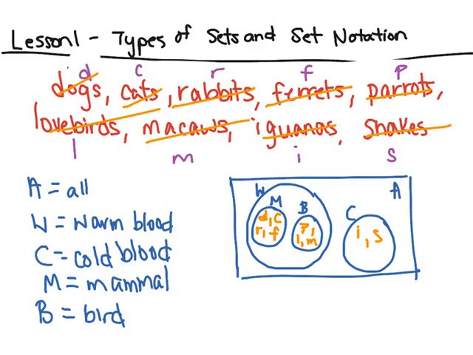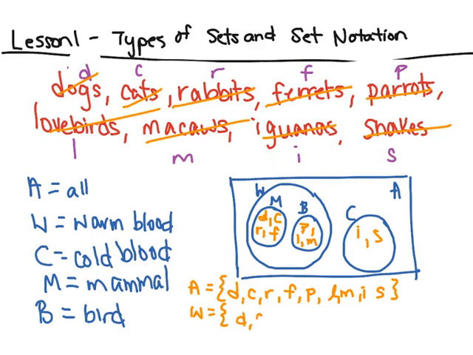Now we want to write that in set notation. So all in the squiggly brackets, we would just write all of the animals. So D, C, R, F, P, L, M, I, and S. Warm-blooded would be everything in that whole circle.